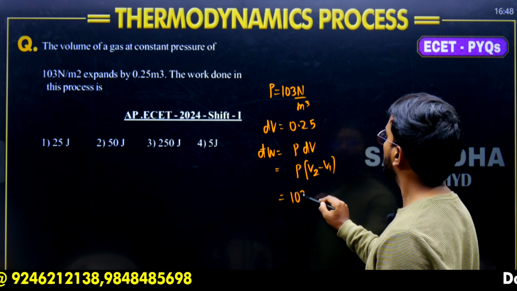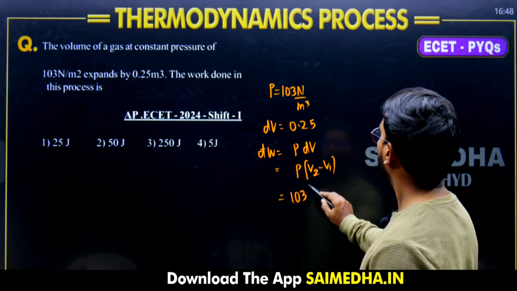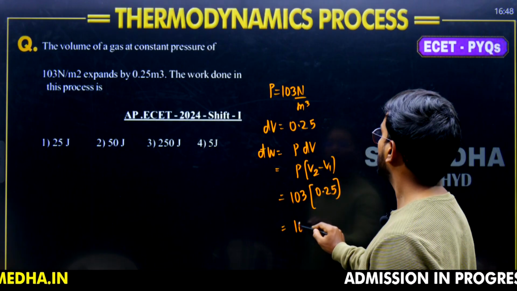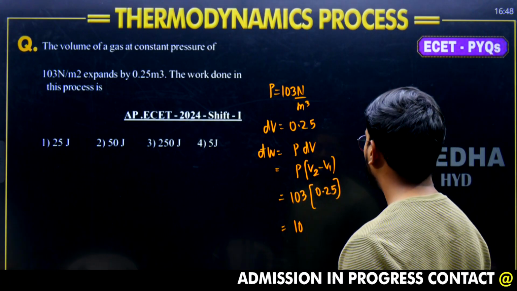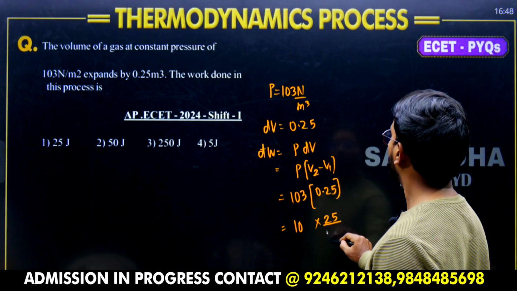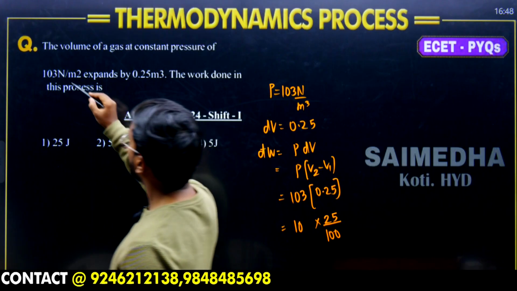Pressure is around 100, and the volume is around 0.25. So this is 25 divided by what, 100, and this is not 100, this is 10 cube.